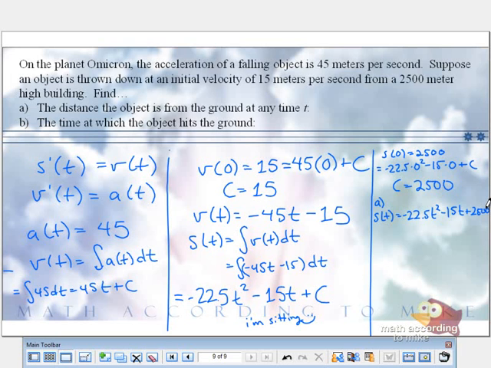It's way over a mile. So good job, Planet Omicron, on buildings taller than a mile. And you want to know how long it's going to take to hit the ground. Well, when something hits the ground, what is its height off the ground? 0. So for part B, instead of s of t there, you're going to put 0.